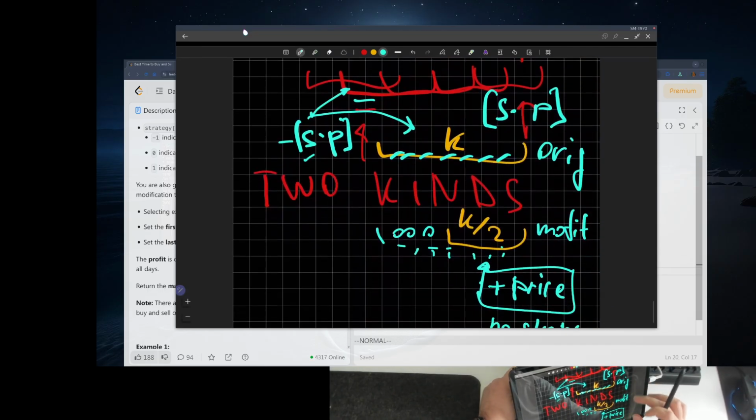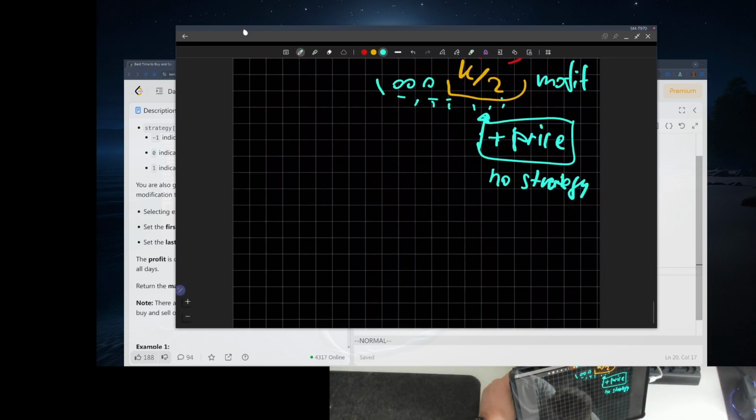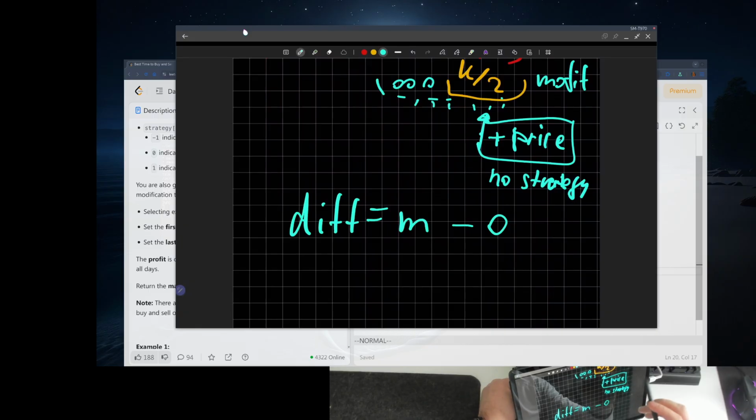So this is how this works, and the difference between the two windows is modified minus original, and this is the gain of our application.